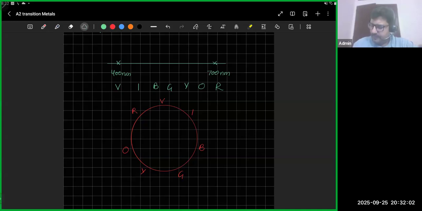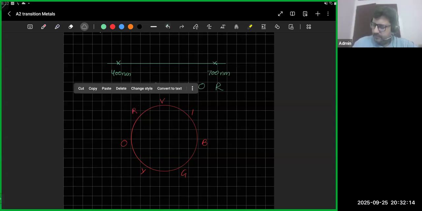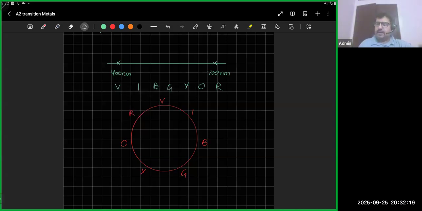I just need to space them properly. So I guess this is how it's going to look.